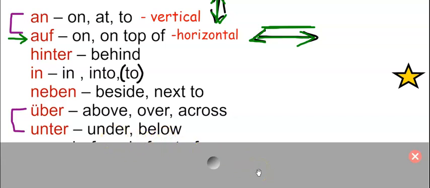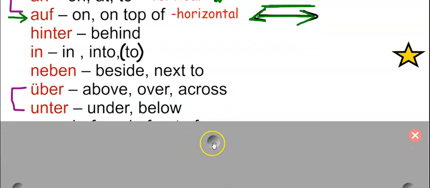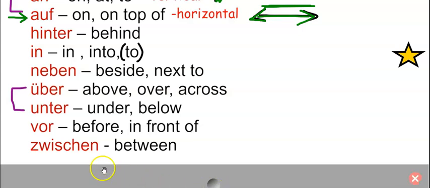So über, unter, above and below. And there's two more. Vor, if you think of our word before, is in front of. And zwischen is between.